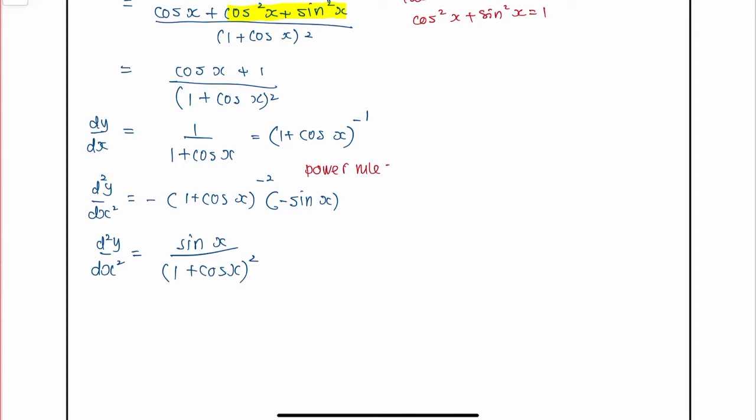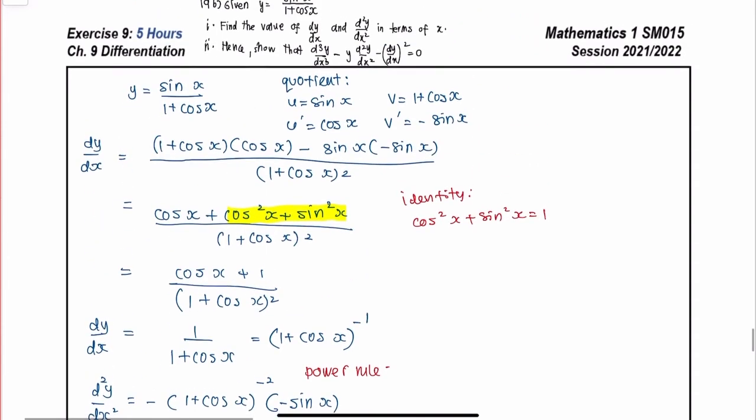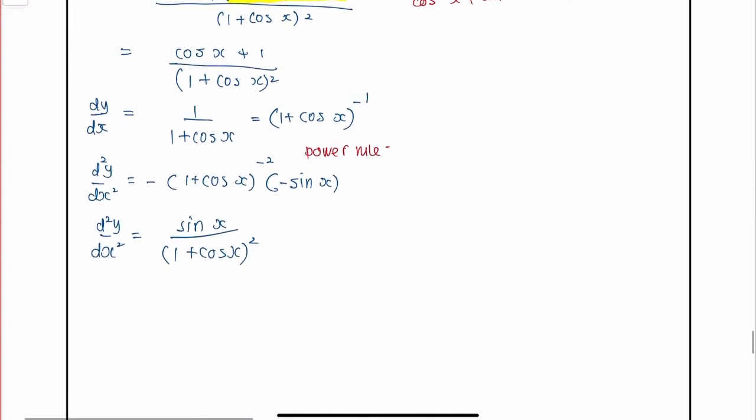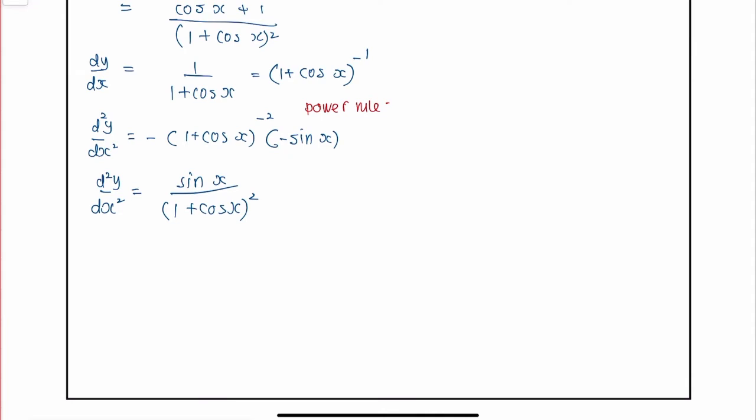Okay, then question 2, hence show that d cube y over dx cube minus this expression. So we have to show that. Which means we need to find d cube y over dx cube, quotient rule, u equals sin x, v equals 1 plus cos x squared.